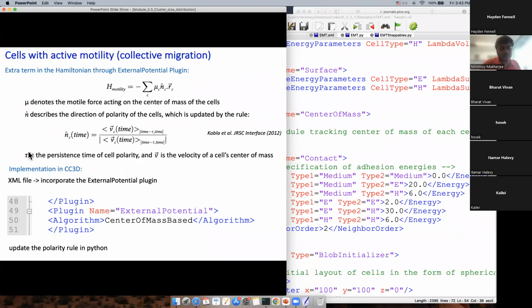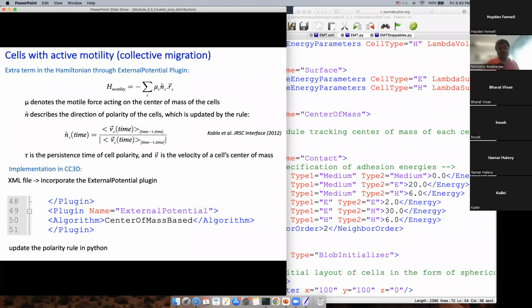So if we choose a tau time interval, for that interval you will calculate the average velocity of the cell, and if you normalize with that, you will find the direction. That means up to tau time, it will not change its direction. After tau time, it will change its direction depending on its previous velocity. This can lead to the collective motion of the cells.